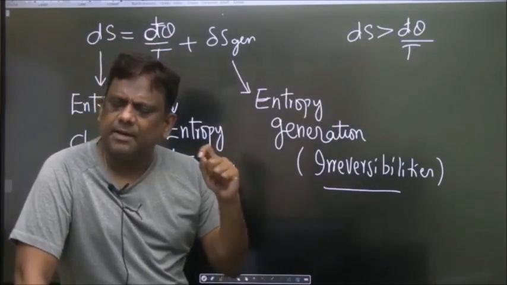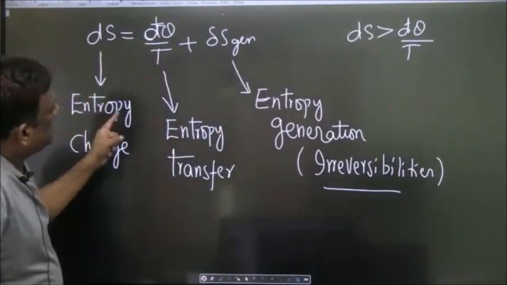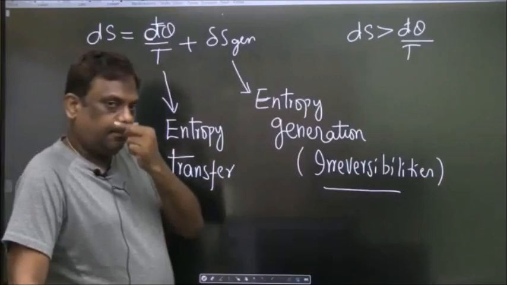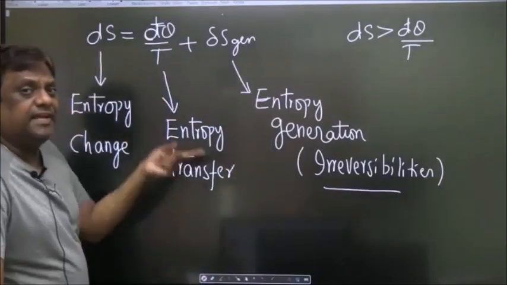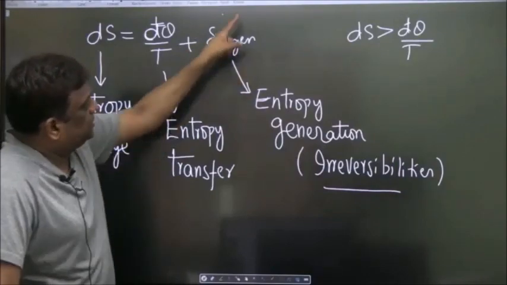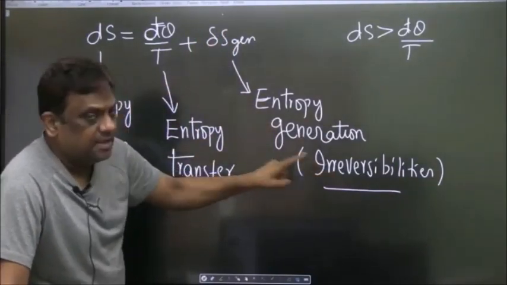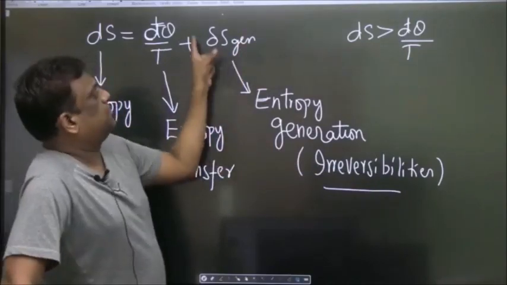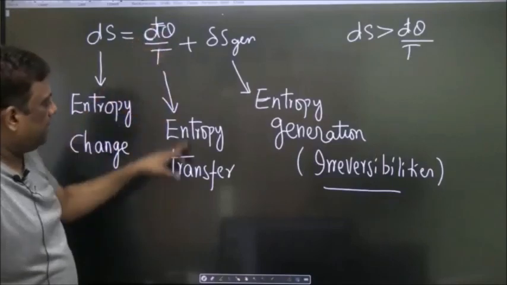In a reversible process, the entropy change is due to entropy transfer only. Let us take reversible adiabatic. If it is reversible, generation is zero, because this term comes only due to irreversibilities. If it is adiabatic, heat transfer is zero, so entropy transfer is zero.